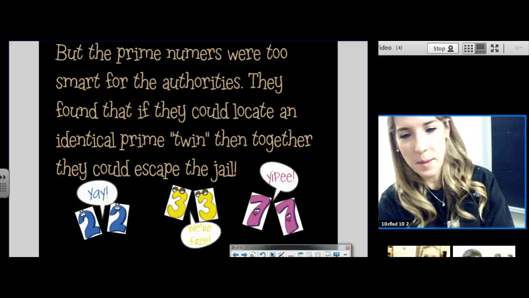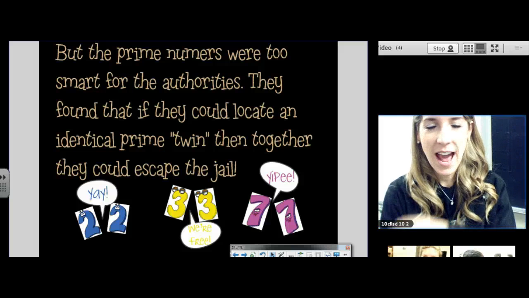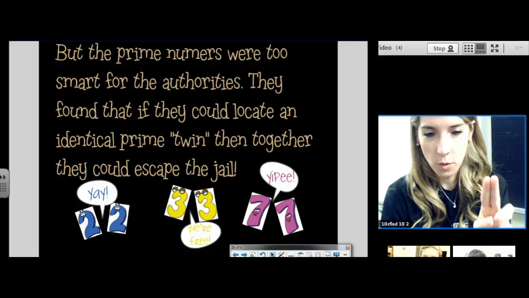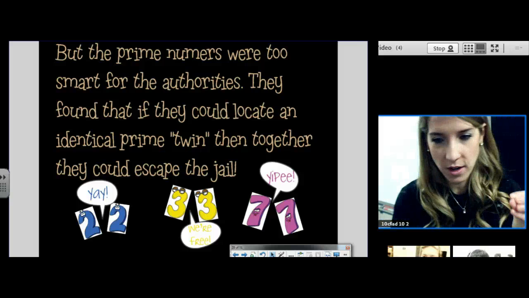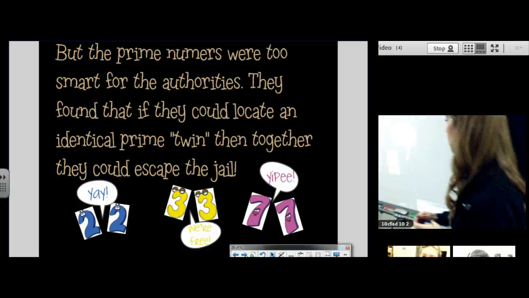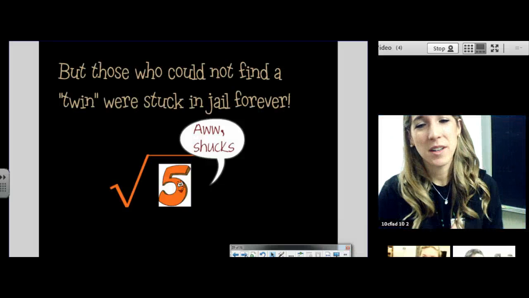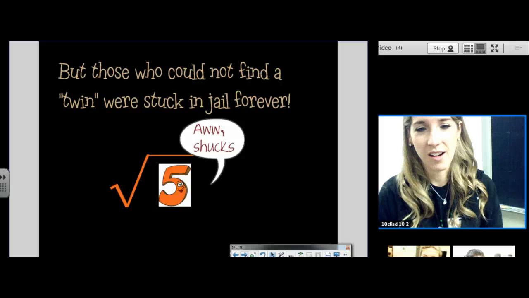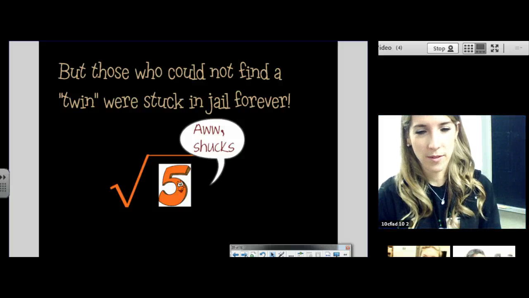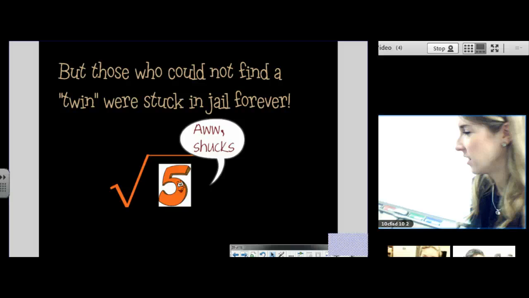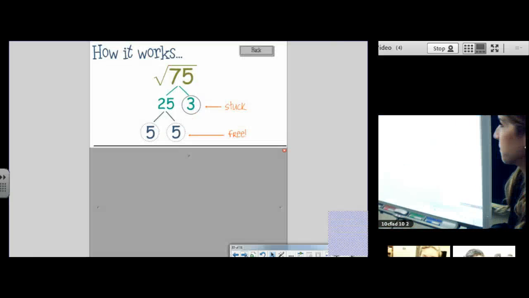Yay, we're free! So they had to find a twin, and that was the only way they could escape jail. Them and their partner, their twin, got out of jail. But those who could not find a twin were stuck in jail forever. Aw, shucks. That poor 5, stuck in jail. Can't ever get out of that square root.